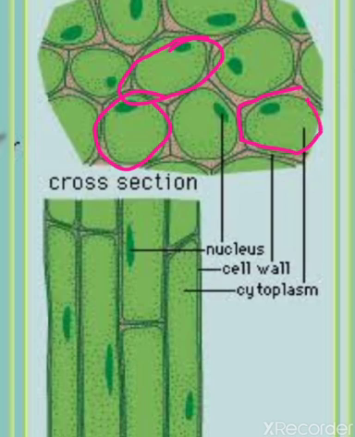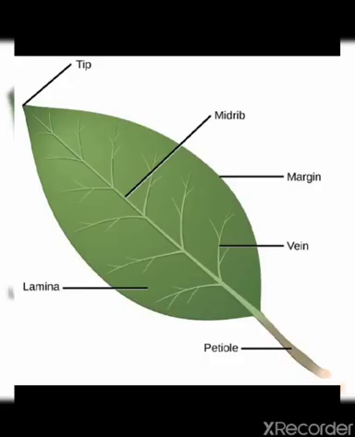They are living cells and found below the epidermis in young stems and petioles of leaves. Do you remember petiole? See in the figure. This is the structure of leaf, and this part of the leaf is known as petiole. Got it? So here collenchyma cells are present. Clear children?